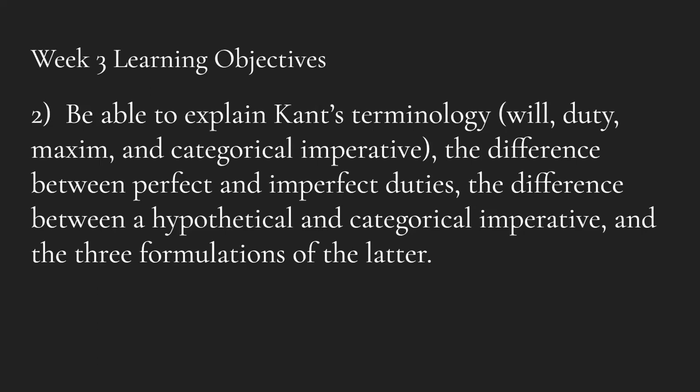The second formulation is about humanity, and not using humanity as a mere means to ends, including ourselves. And the third formulation is about autonomy, right? The idea that each of us is a rationally self-sufficient lawgiver for ourselves, and so should be able to recognize the moral law with our reason and not be coerced or oppressed by other people.